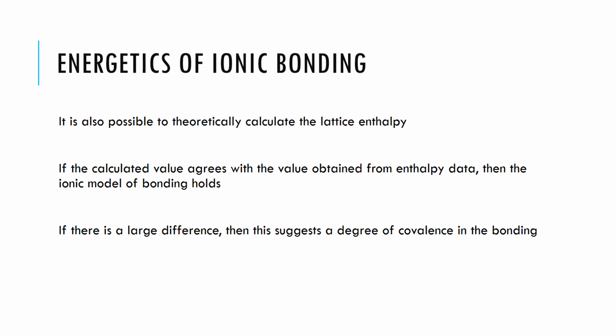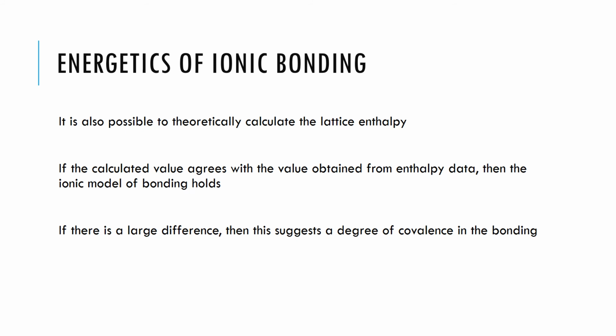Now, the lattice enthalpy data that you see here is calculated from empirical data that has been obtained from experimental procedures. So things like electron gain by chlorine, things like the dissociation of chlorine, these are all experimental data.